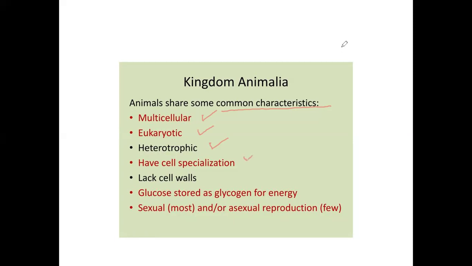They have cell specialization, that is, a division of labor among different cell parts. They lack cell walls, and glucose is stored as glycogen, meaning extra glucose is stored in the body in the form of glycogen. Reproduction is sexual or asexual. Few organisms have asexual reproduction, but most of them have sexual reproduction. So all these are the common characteristics which can be found among all of the animals.